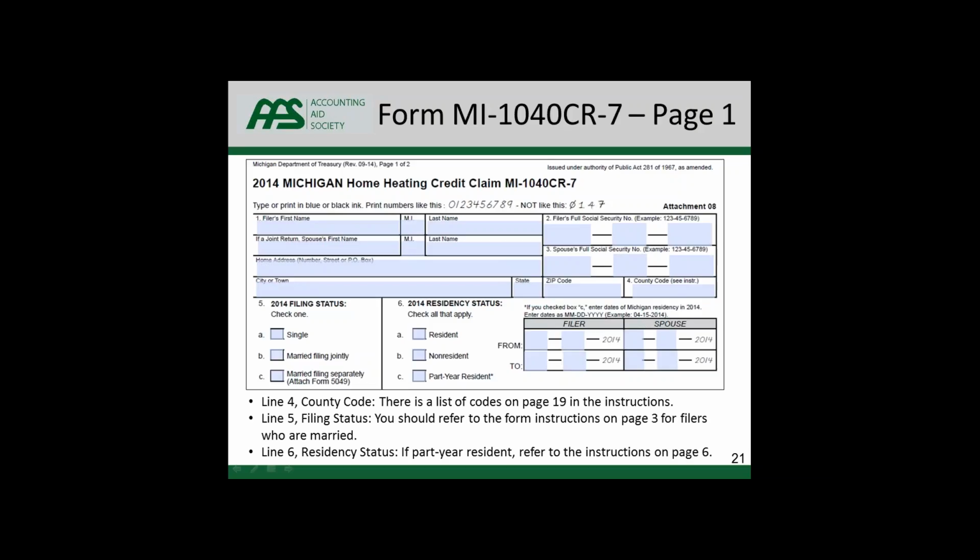You've got additional calculations, and most likely you'll have to attach another form, a 5049. Again, this presentation is intended for the typical single filer in adult subsidized housing, but it could apply to married joint living together. Residency status, if you're apart your residence, then you do have to do some prorations. Take a look at the instructions on page 6.